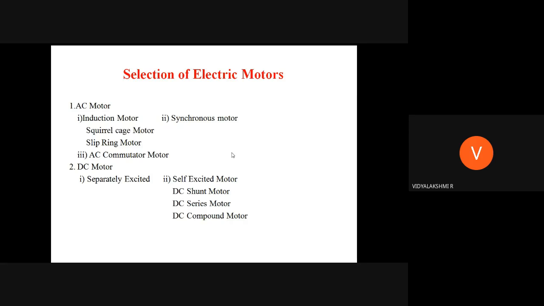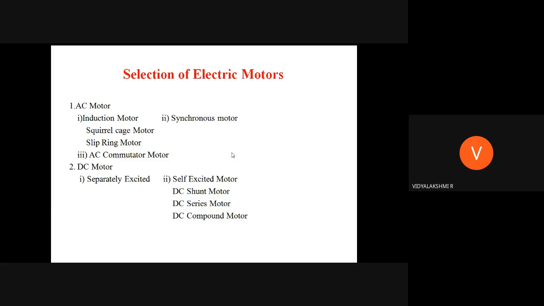Yes, ma'am. I'm repeating once again. If my motor is a DC motor, but my supply is normally AC, then in order to convert AC to DC, I need a special arrangement. That means I have to go with the rectifier, because the rectifier converts my AC voltage into DC voltage. So the total cost of the system will be more because I have added the rectifier here.